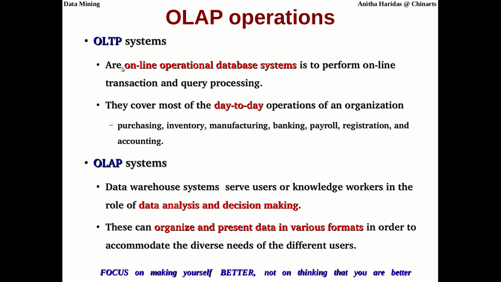Whereas if you want to do data analysis and decision making, we will be using the online analytical processing system. And these systems can organize and present the data in very different formats to accommodate the diverse needs of the different users. Now, what do we mean by diverse needs of the different users?